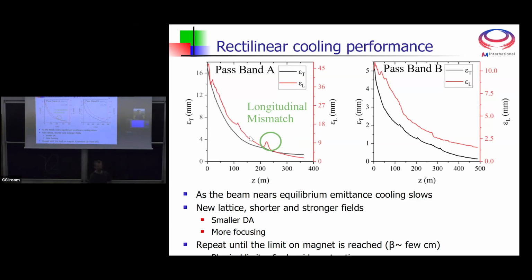It's exactly what I was talking about earlier with the matching. We haven't correctly matched, especially in longitudinal phase space, between different parts of the system. So you actually get mismatch, and that causes emittance growth. You'll see in this region evidence of little spikes in transverse as well, which again comes from poor matching between different bits of the lattice.